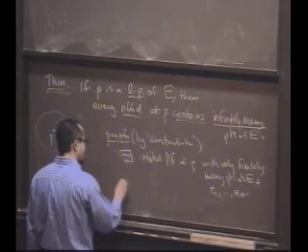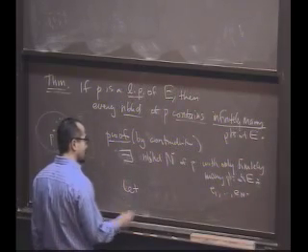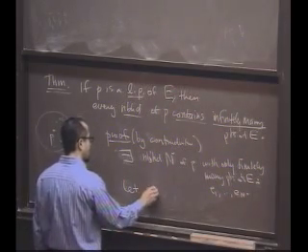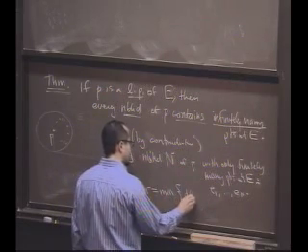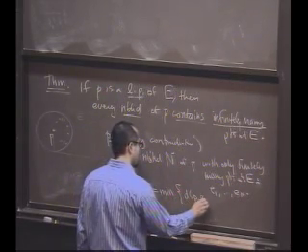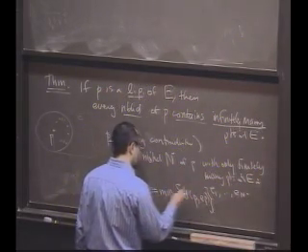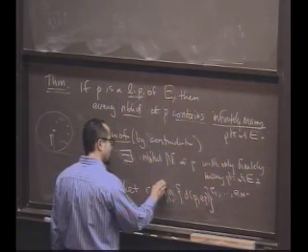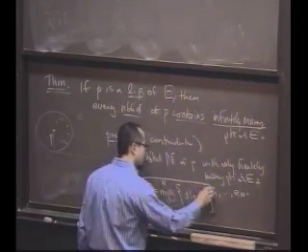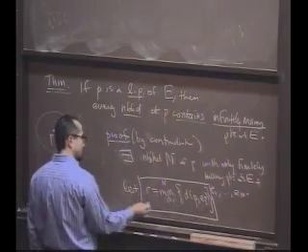I'll just cut to the chase here by letting this distance, call it R, be the minimum of the distances from P to E sub I, where I'm going to take the minimum over all I from 1 to big N. Everybody happy with that?